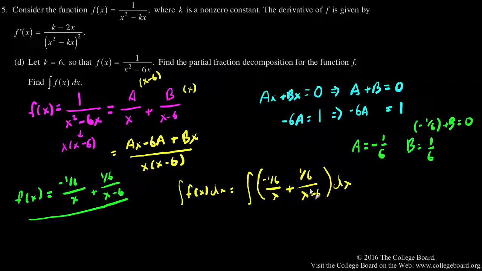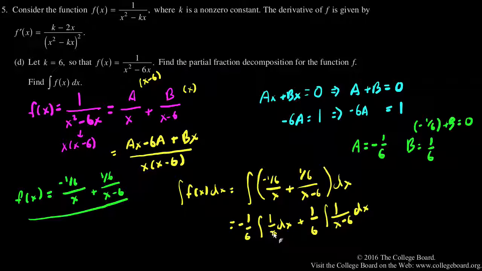And many things I can do here. I'm going to split it up and factor out the numerators. So that's going to be negative 1/6 times the antiderivative of 1 over x dx plus 1/6 times the antiderivative of 1 over x minus 6 dx.